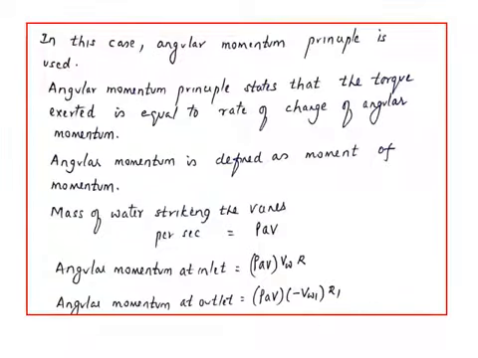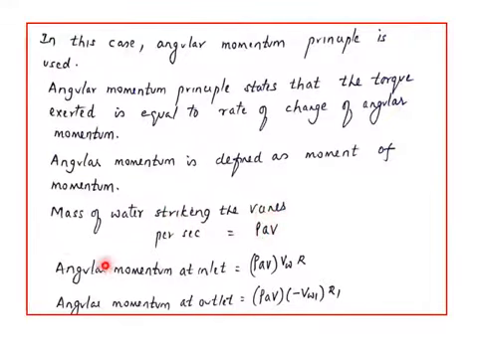In this case, the angular momentum principle is used. The torque exerted is equal to the rate of change of angular momentum. Angular momentum is defined as moment of momentum. Mass per second is density into volume per second, that is density into discharge, and discharge is area into velocity. So mass per second is nothing but rho av.